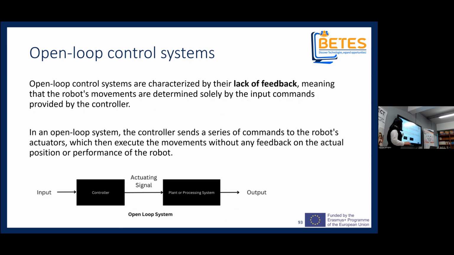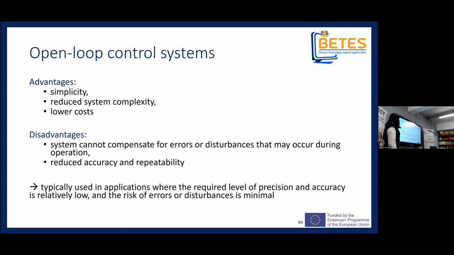This is very simple. It gets the signal, it sends out the signal. And these are the advantages: simple, reduced system complexity, as it does not require the feedback part. And of course, since it's simple, it has lower cost. But the disadvantage is that it cannot compensate for the errors that occur during the operation.